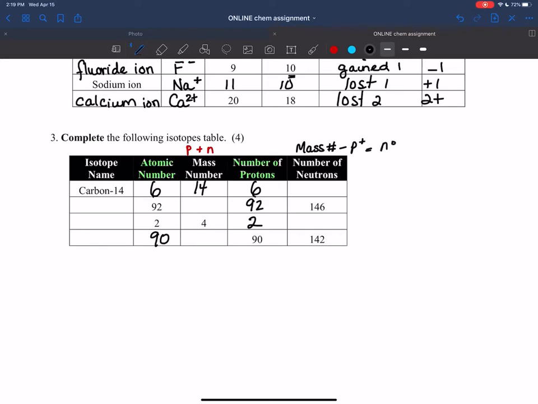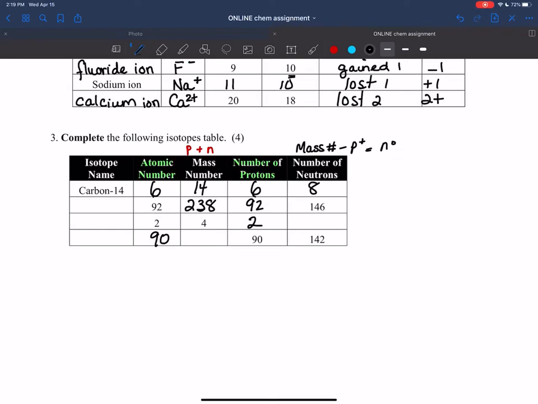So here's number 8. Over here, the opposite is also true. If I have 146 neutrons and 92 protons, if I add those two together, I'm going to get my mass number, which is 238.